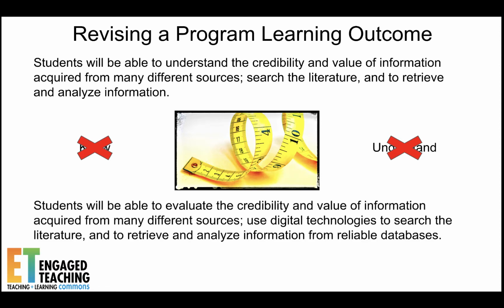Here is a modified version of the program learning outcome that adds greater detail and clarifies the expectations for students. Students will be able to evaluate the credibility and value of information acquired from many different sources, use digital technologies to search the literature, and to retrieve and analyze information from reliable databases.